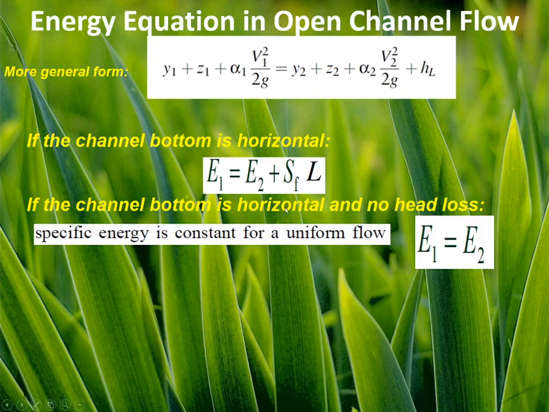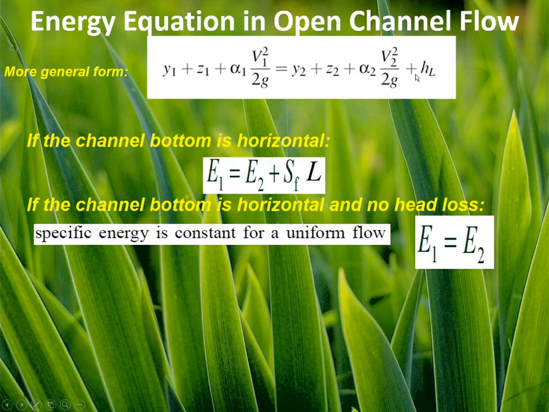Horizontal flow means Z1 and Z2 are 0. And when there is no head loss, you can remove the hL term. What will remain? It means that you can remove SfL from this equation, or remove hL from this equation, and the result will be E1 equals E2.